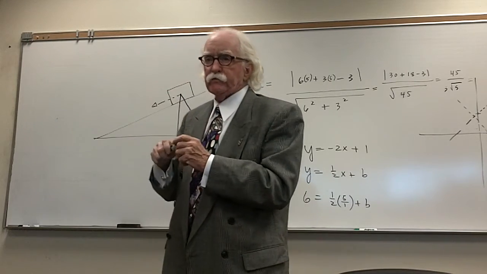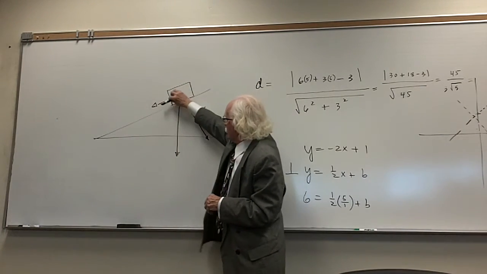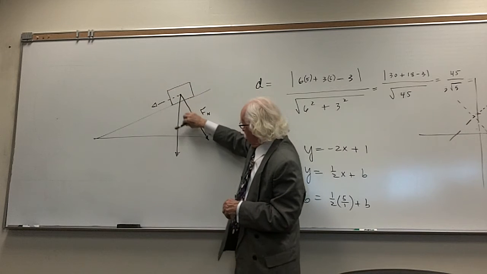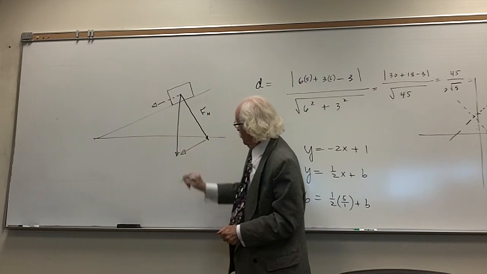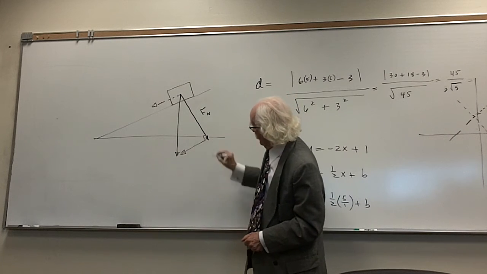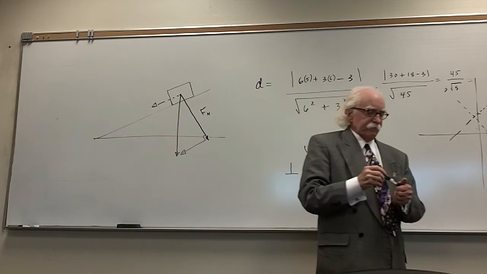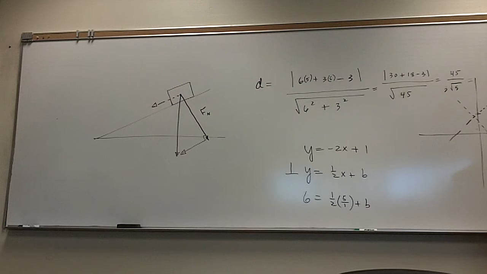As long as you don't change that value, I can literally slide this down to right here. And guess what I've made? I have made a 90 right triangle. That's all you've made. And you all have studied 90 right triangles in this class. You have studied 90 right triangles in the Math 1111 class.